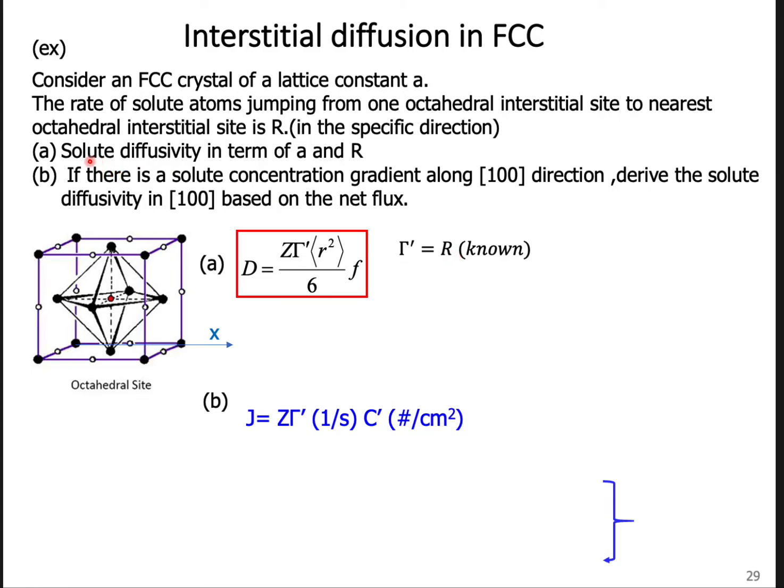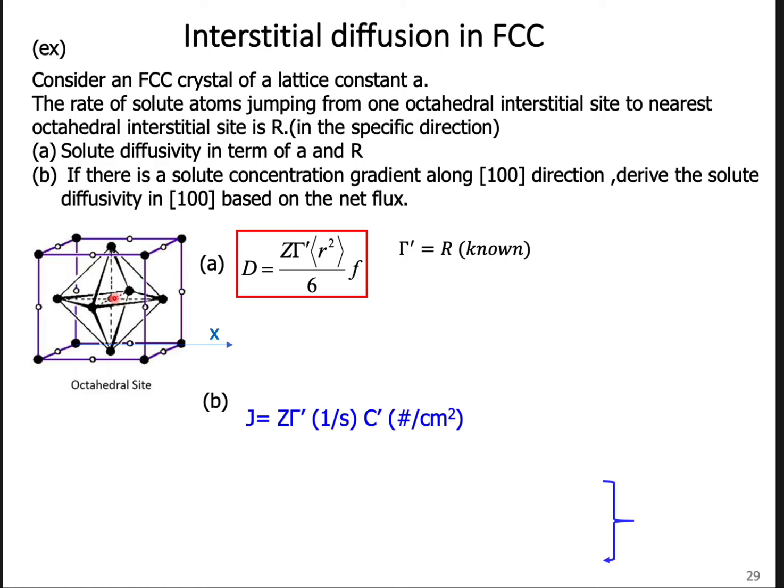And the first question is, can you answer the solute diffusivity in terms of A and R? Solute diffusivity. So first of all, you need to determine, because now we know gamma prime is R, what's the Z?